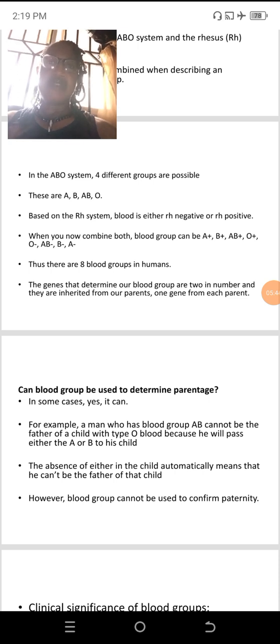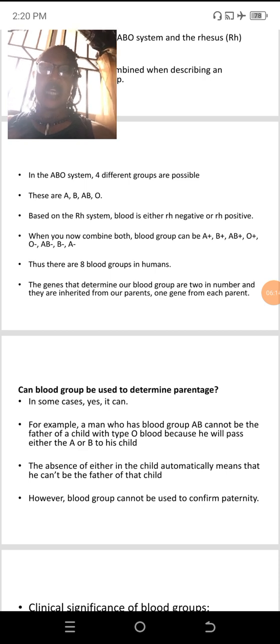But this child is having O, it doesn't have A, it doesn't have B. And the father must pass either the A or the B to his child. So in this case, with the child having blood group O, definitely the man that has blood group AB is not the father of that child. So the absence of either the A or B in that child automatically means that that man cannot be the father of that child.